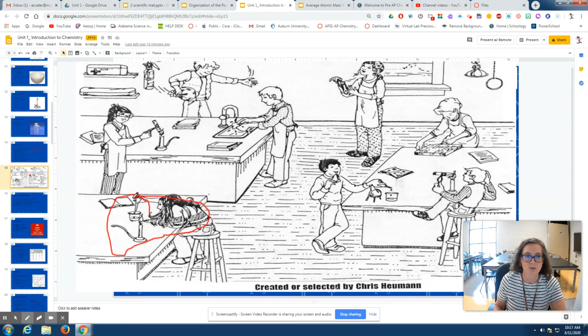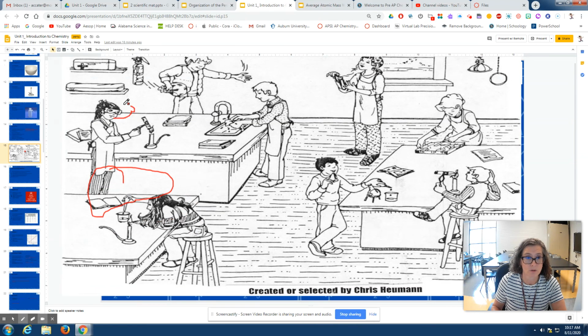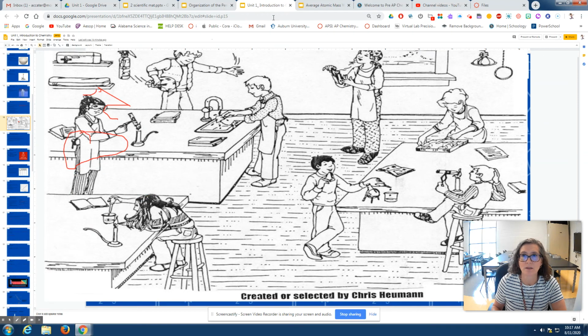She has no goggles on, and that is not a safe way to do lab for her. This girl over here, she has her goggles, yes. But she's pointing the test tube at herself, which is not good.